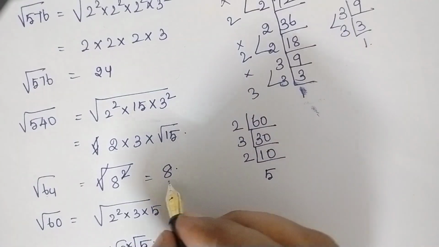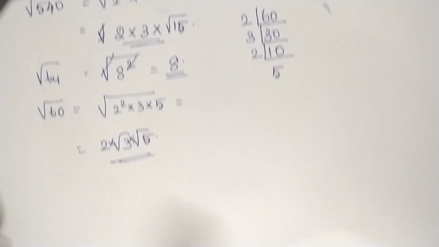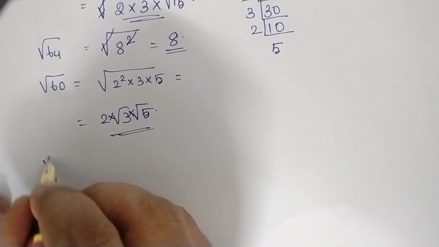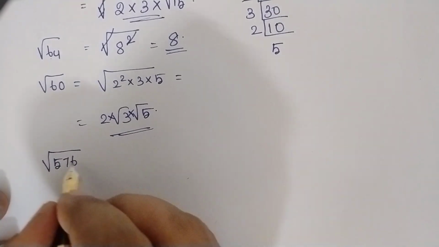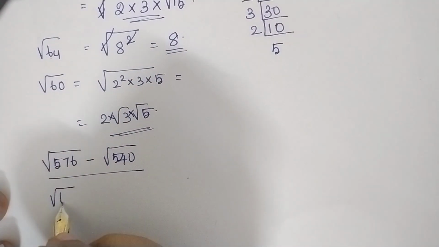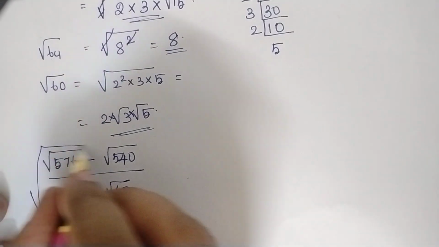So just substitute these values in the question. The question is root 576 minus root 540 divided by root 64 minus root 60, whole root.